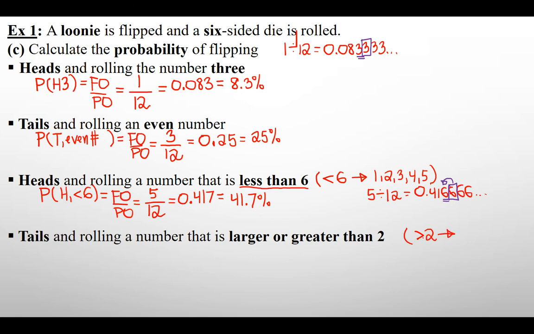On our 6-sided die, the numbers that would be greater than 2 would be 3, 4, 5, and 6. So let's set up the calculation. Again, we want to show this work. So we have the probability of getting tails and then getting a number that is greater than 2 is equal to your favorable outcomes over your possible outcomes.